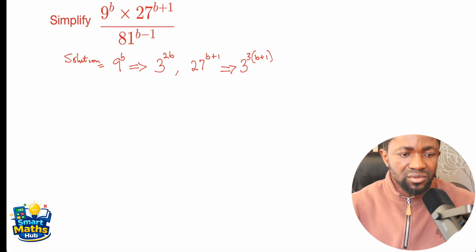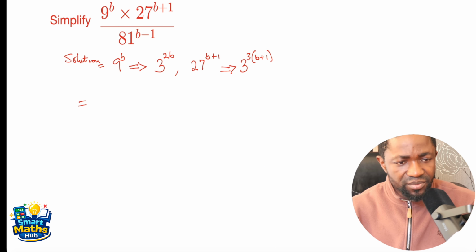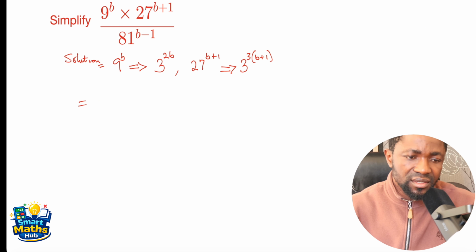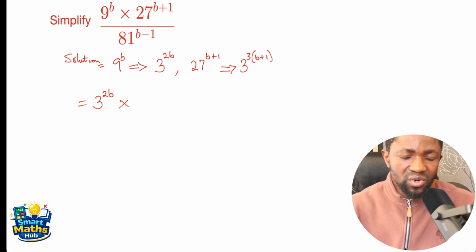So then you can come here and write your number, the number for 9 to the b. So write it here, 3 raised to power 2b, multiplied by, what's the value of 27?